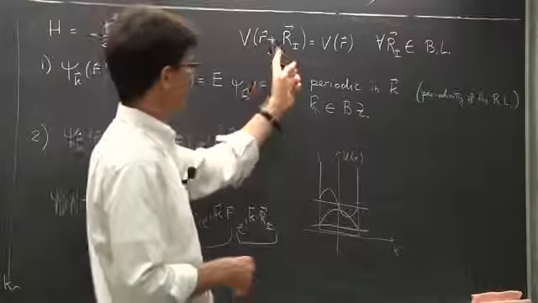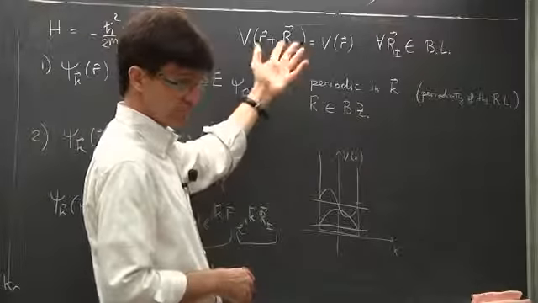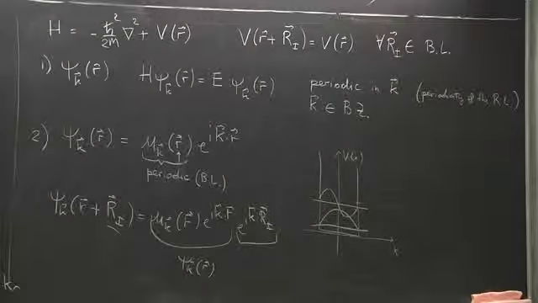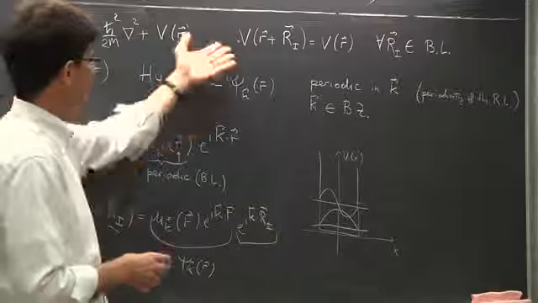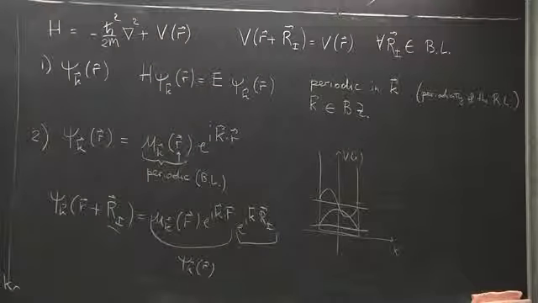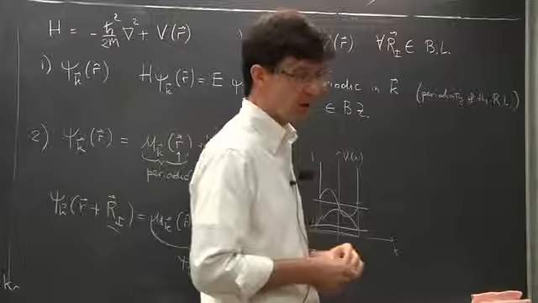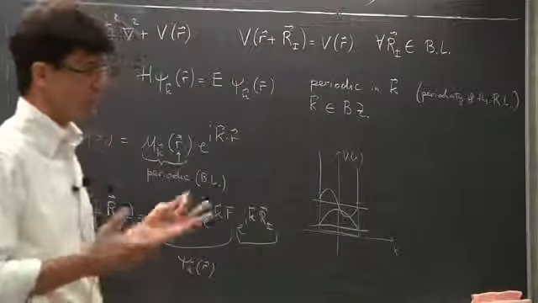We now have a general periodic potential, and this statement is mathematically true as long as those assumptions are correct. It is not for a finite system because here we're assuming that Ri belongs to a Bravais lattice, so this is not a finite system.